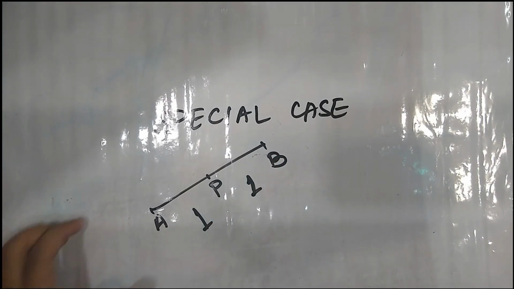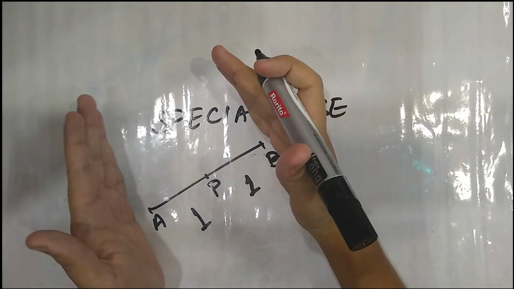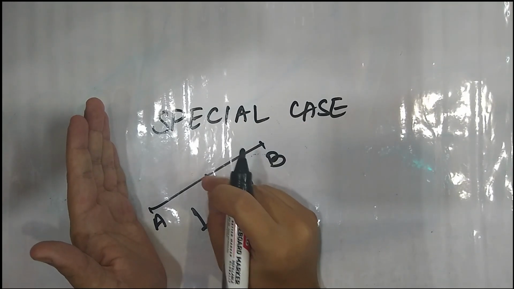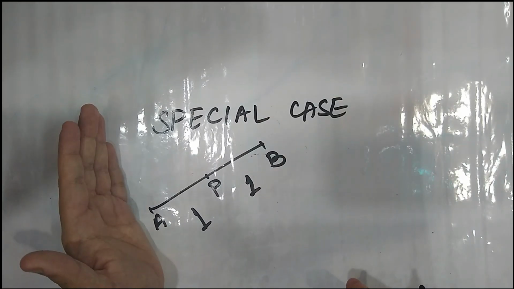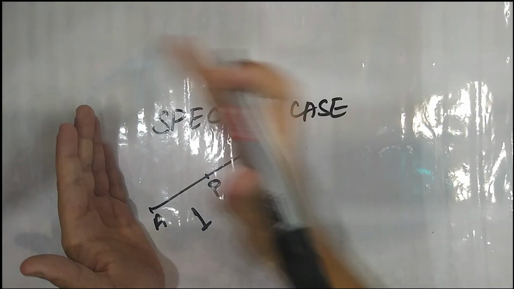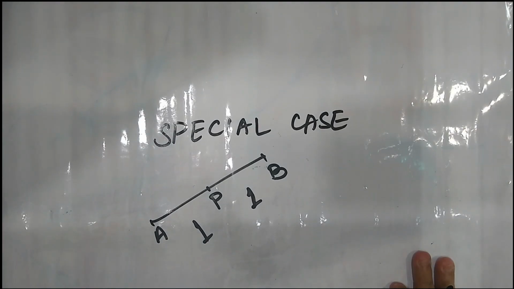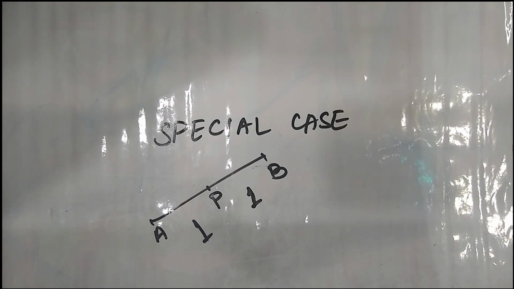For example, if the total distance is 2 kilometers, then P comes in between that 2 kilometers and divides it into 1 kilometer and 1 kilometer separately. That is what is meant by a midpoint. The midpoint divides the line segment in the ratio 1 is to 1.